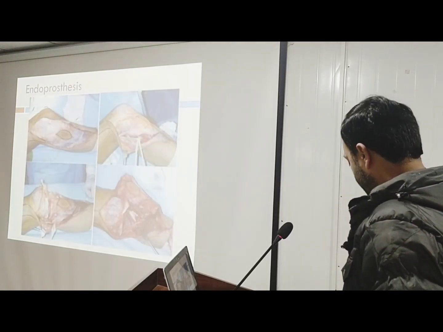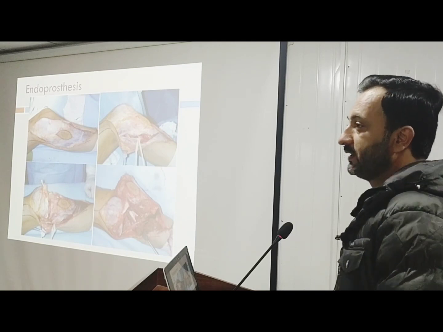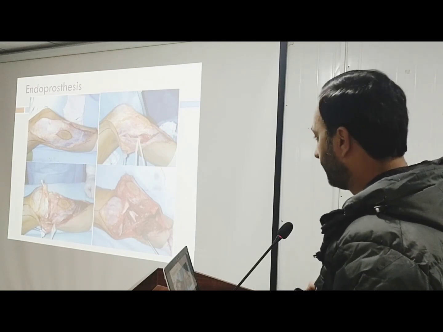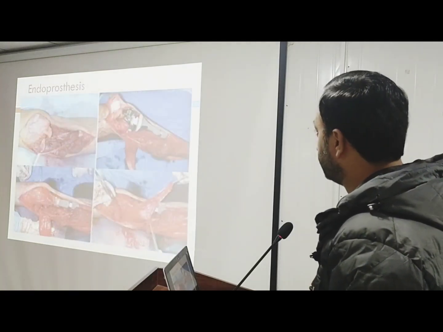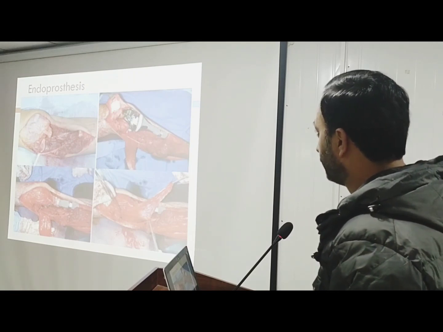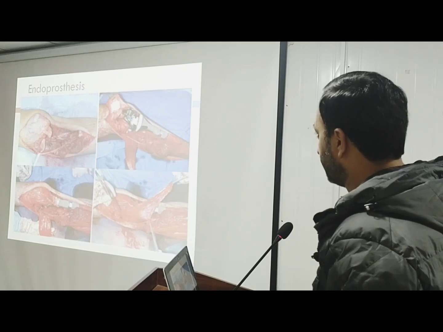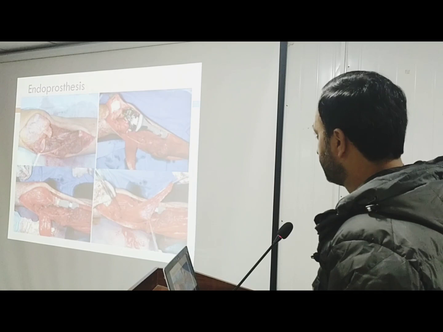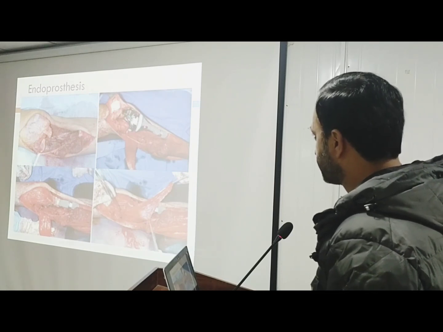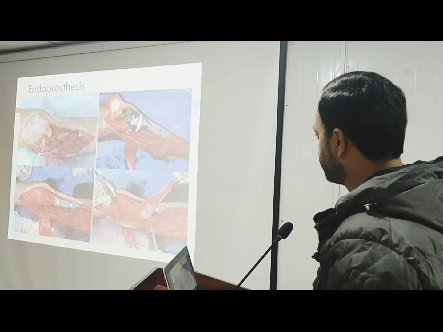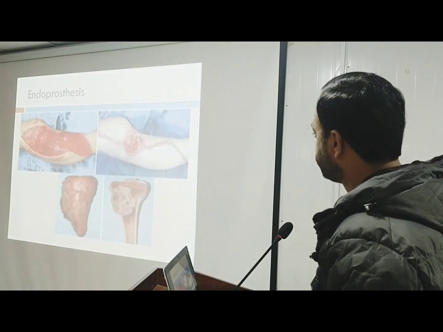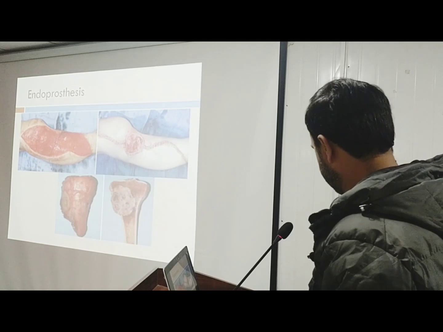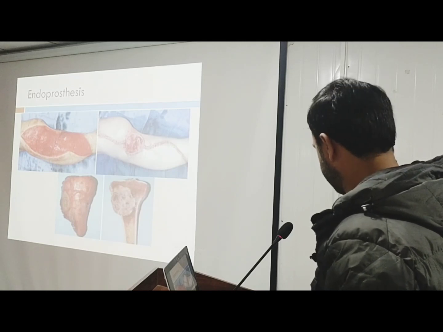What we have planned for this is a wide resection and an endoprosthesis. You remove the bone of the proximal tibia and replace it with an endoprosthesis, replacing the articular surface with a ceramic knee replacement and prosthesis.